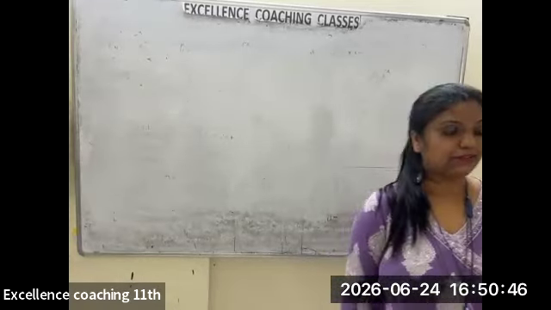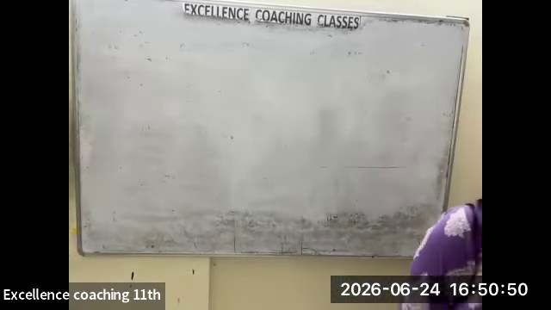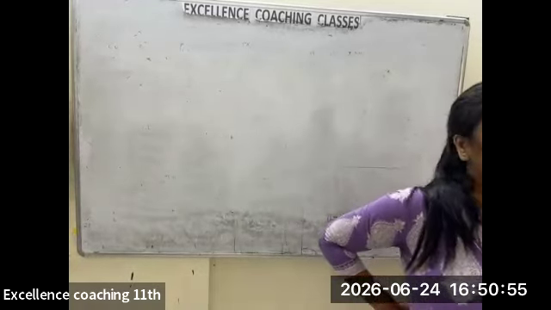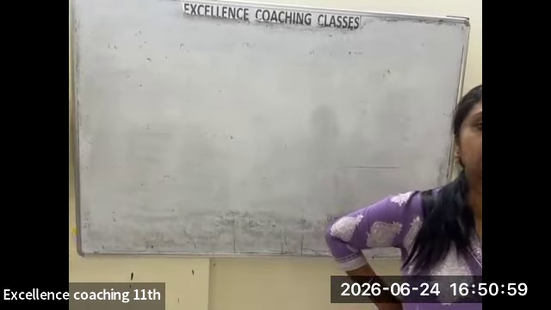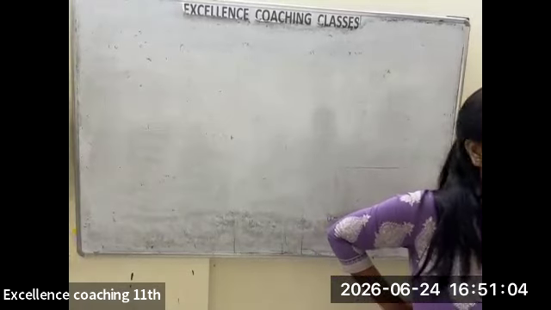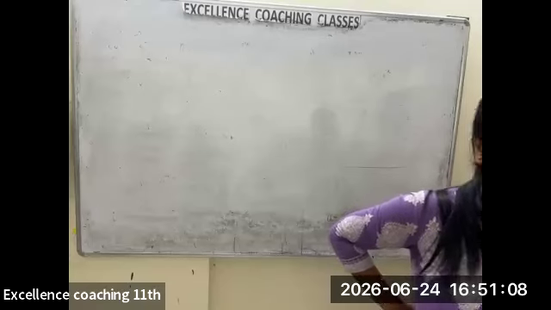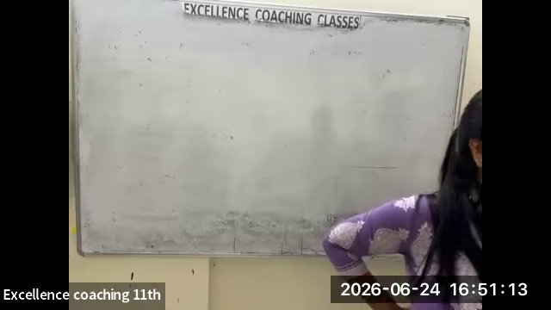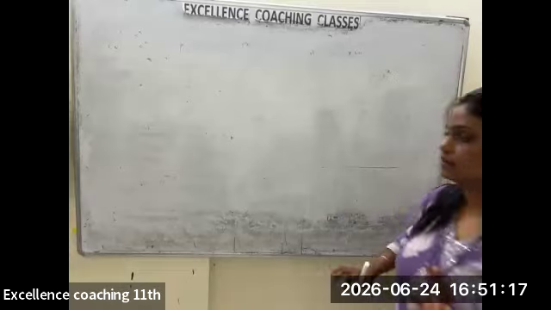Now you have to read the question carefully and tell me what the things given to you are. Every formula, all three formulas, has initial velocity, final velocity, time, displacement and acceleration in it. Correct? So your question will always be based on this. Some things will be given to you, and they will ask you to find displacement or velocity. So you first have to note down what is given.